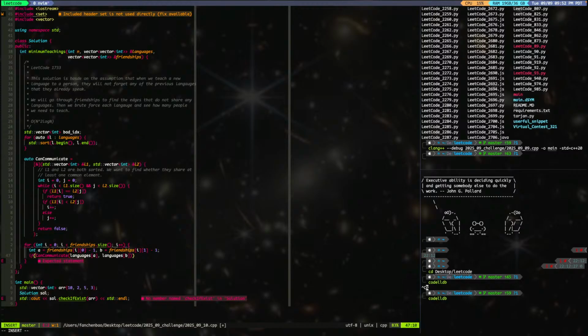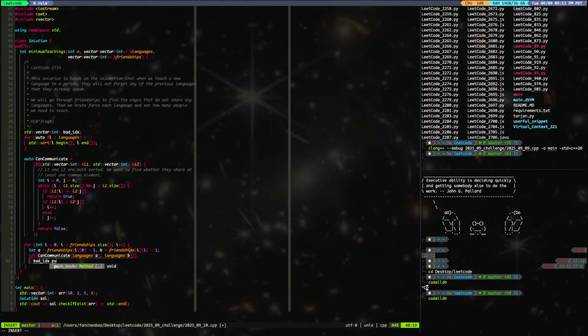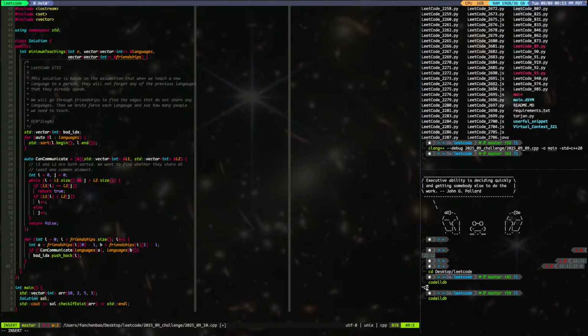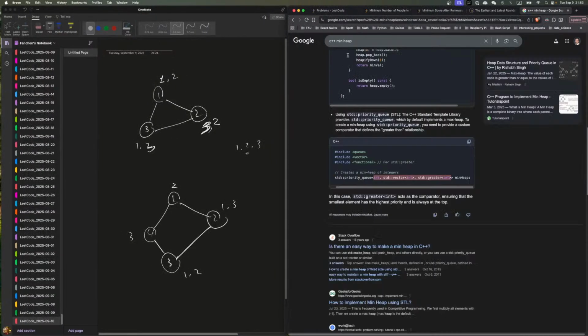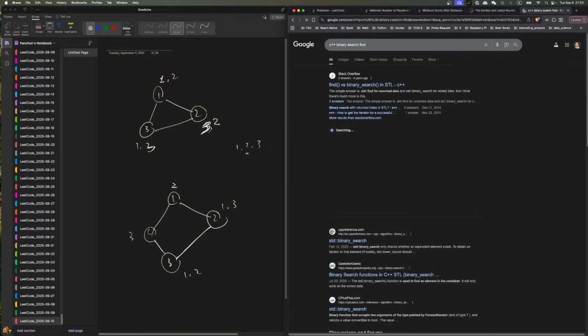But if they cannot communicate, then we say badIndex.push_back(i). So this is to find all the friendships that do not share a language. And then we need to go through every single language and check if they exist in it. I think we can use binary search to find. So C++ binary search find.